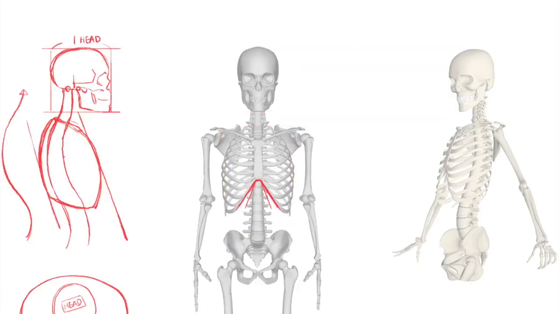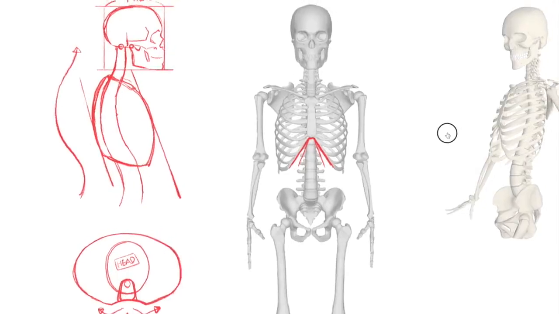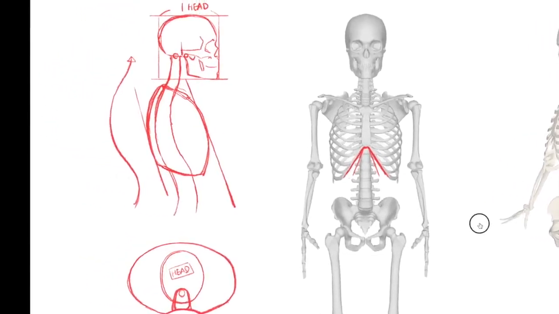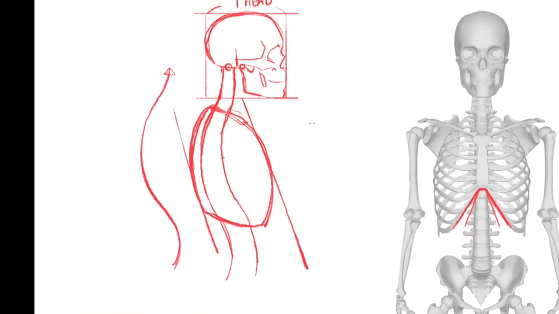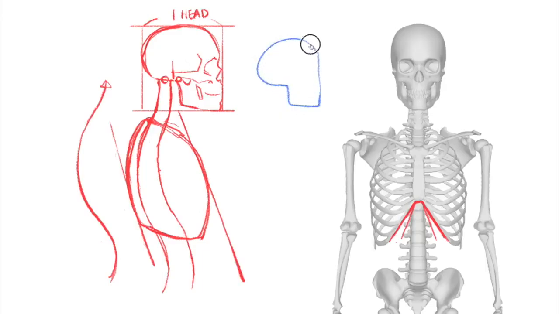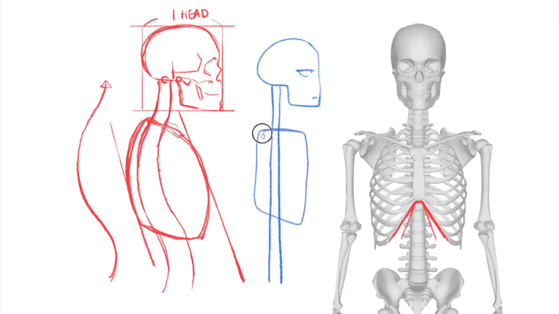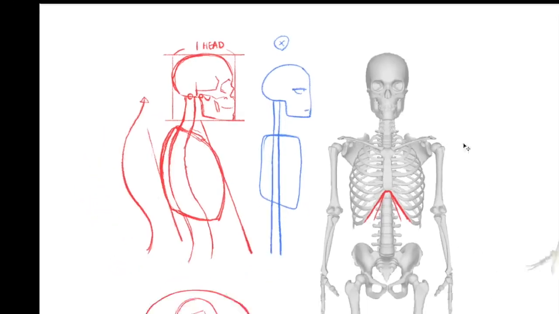Next, I want to talk about the spine. One thing about the spine is, if you look from the profile view, it's not a straight structure that's holding the body.